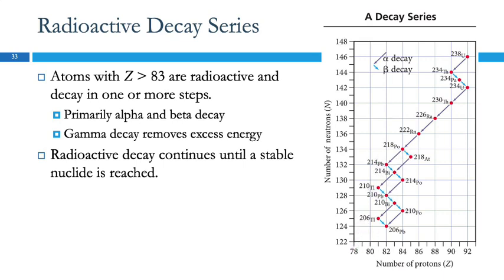It goes through multiple different steps where it forms a different unstable nuclide, and that one will decay. So we got mostly alpha and beta decay, and then there's gamma decay that comes along with this to get rid of the extra energy. And it will just continue until you get to a stable nuclide. And the one that uranium ends up at is lead-206.